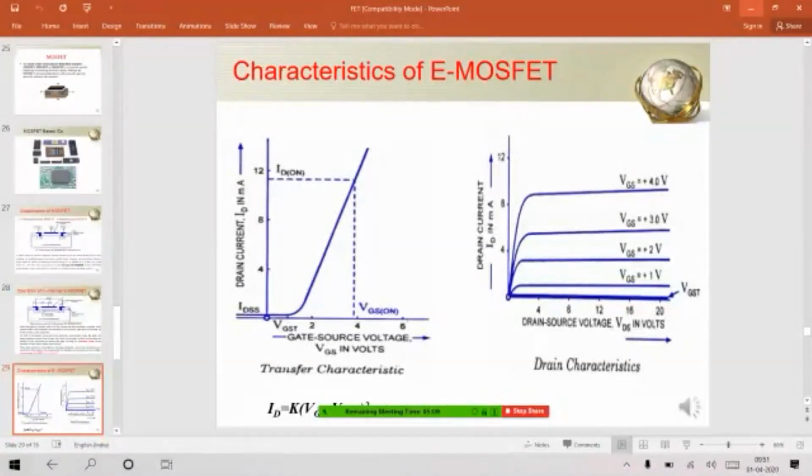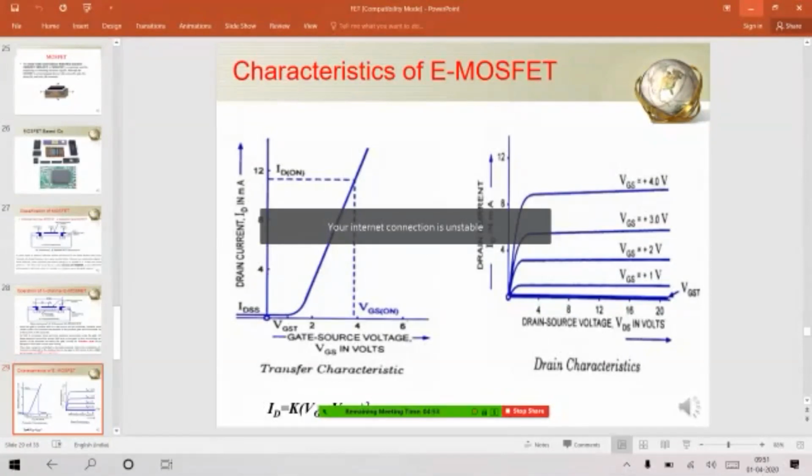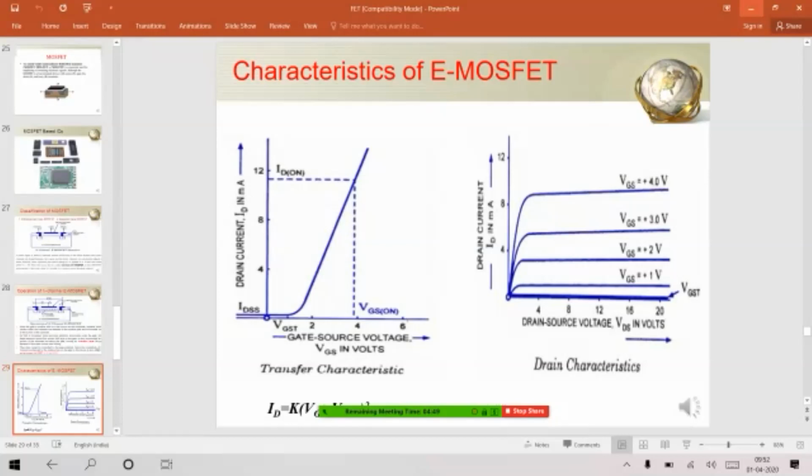Magnitude of current is increased here for VGS equal to 3 volts, approximately 4 or 5 milliamps. This is 8 milliamps, you can see current at VGS equal to plus 4 volts. Like that, if you keep VGS equal to 5 volts or 6 volts, you will get a curve like this. So that is how current magnitude is decided by the gate source voltage.